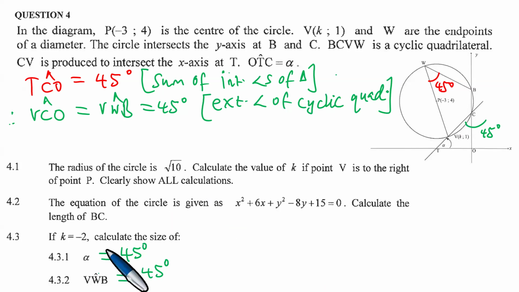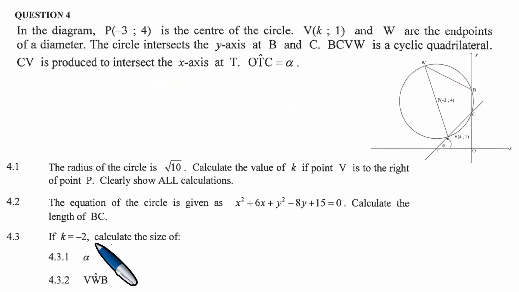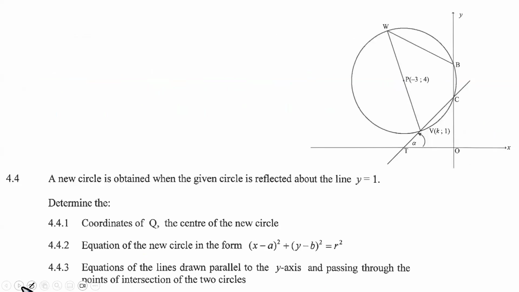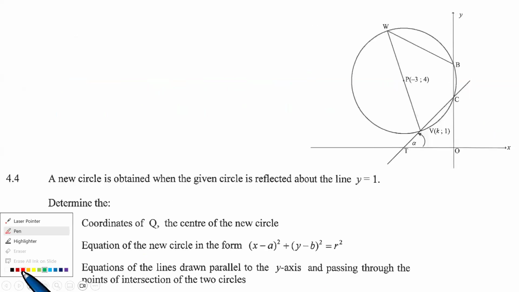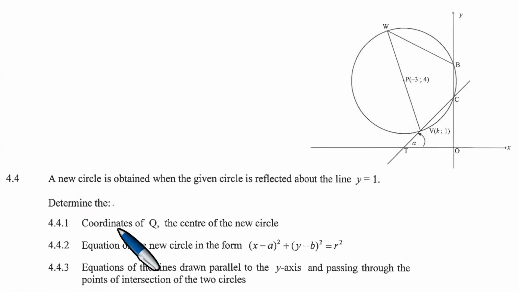Let's look at the next thing. In the next question, we answer part 4.4 of this question. A new circle is obtained when the given circle is reflected in the line y equals 1.